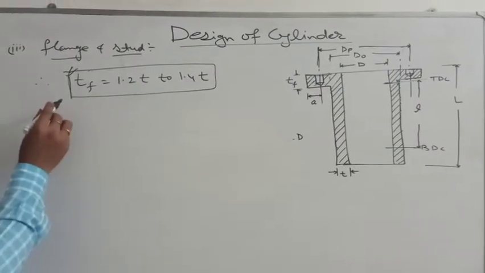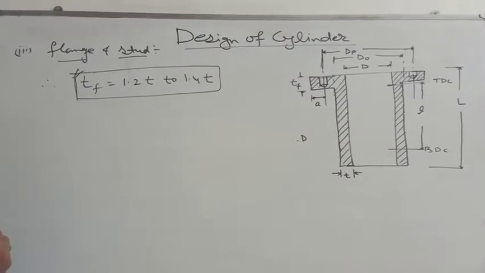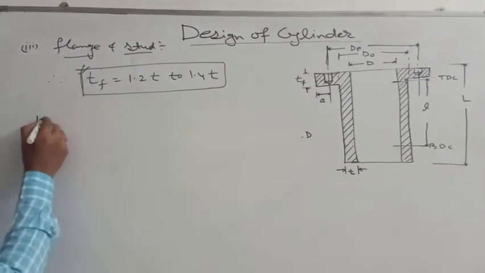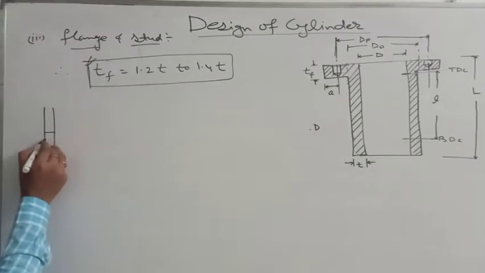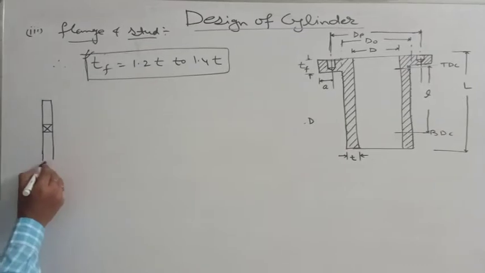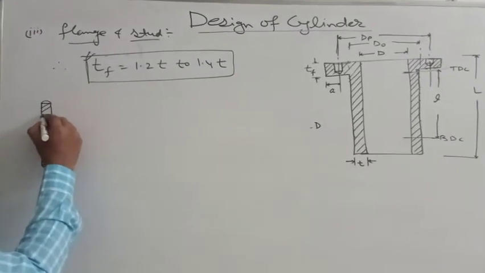And now if we want to design the stud of our cylinder, then we know that the stud is a device having threads on both sides. This is our design.